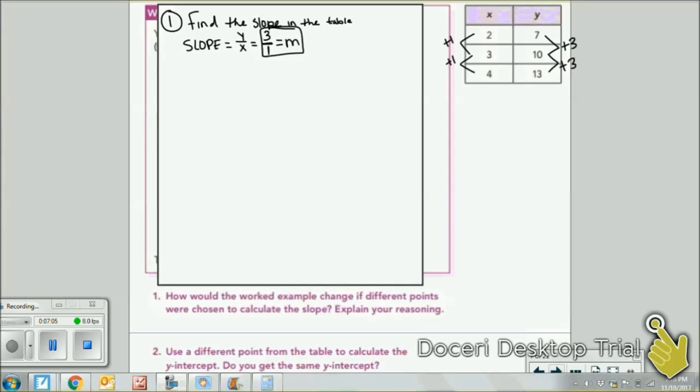Okay, so there's our first part. Find the slope. Put a number 2. Okay, here's the second part. The second step that you're going to do is you're going to pick a point from the table to sub back into our equation.